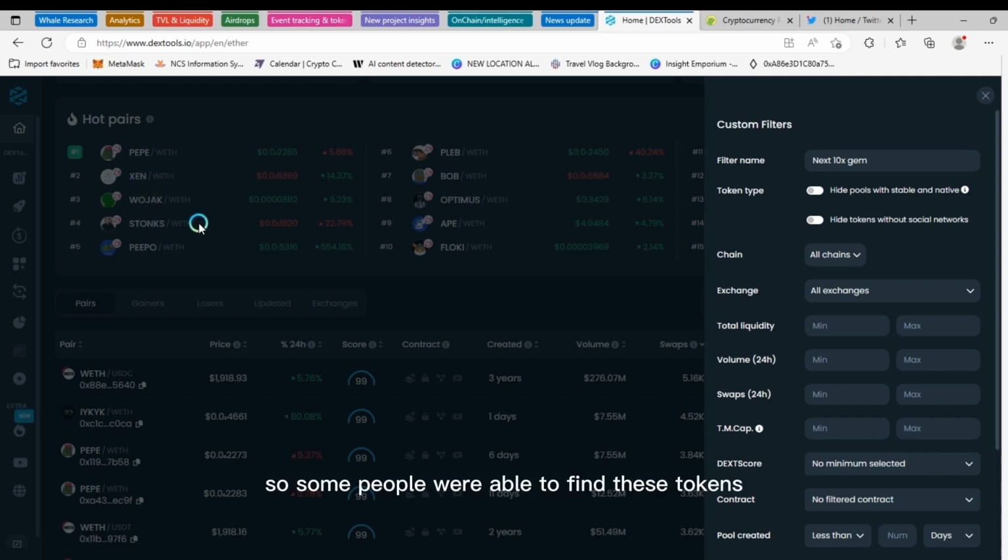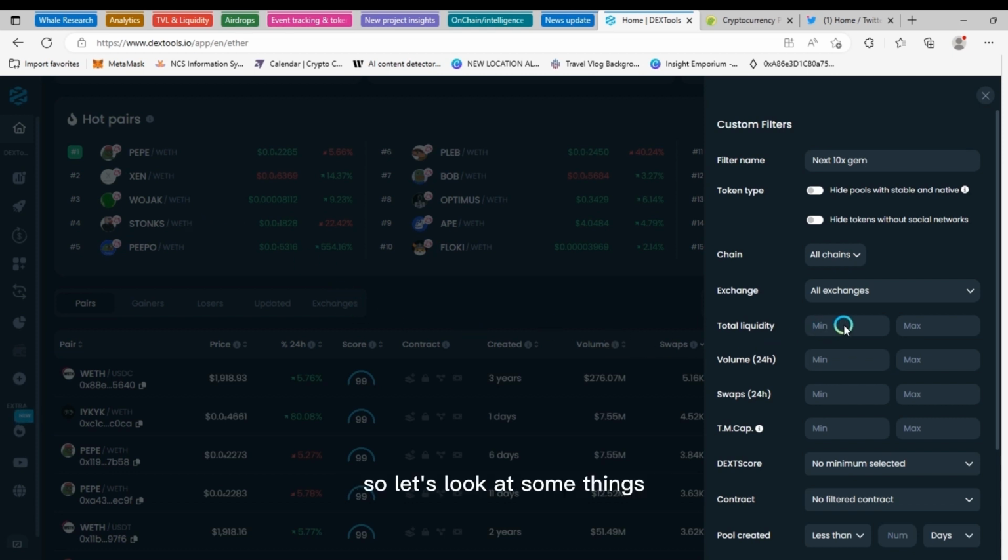So some people who were able to find these tokens and bought in early made their money and then left. So when they leave the market, sometimes the market tanks and then sometimes the market retraces for a while and then continues. So if you're looking for the next 10x gem, you have to be prepared to get into some bad projects. All right, because you're searching for risky moves in the market, so you have to take some risk.